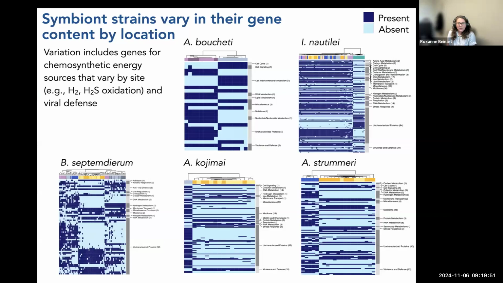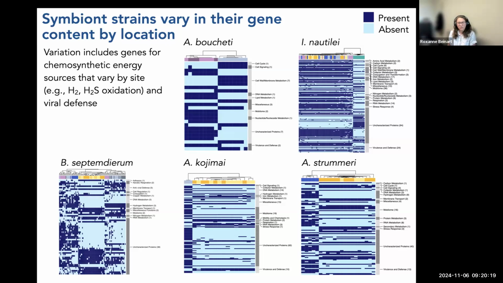As I said, one of the other things that we can do with this data is we can actually look to see how genes vary across the different vent fields. So bacteria can actually vary what genes they have quite a bit. And so we said, okay, do these different strains actually have different genes? For example, we're looking to see in particular if they have variation in the genes that they need to interact with the fluid chemistry, which seems like an important driver of what we're seeing here.